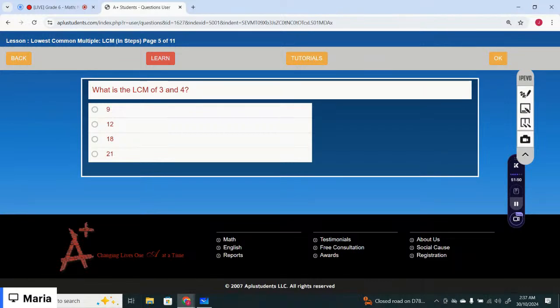What is the LCM of 3 and 4, which is the correct option?